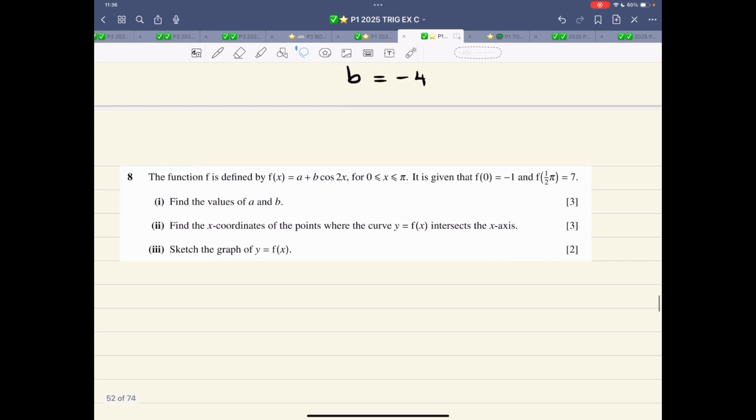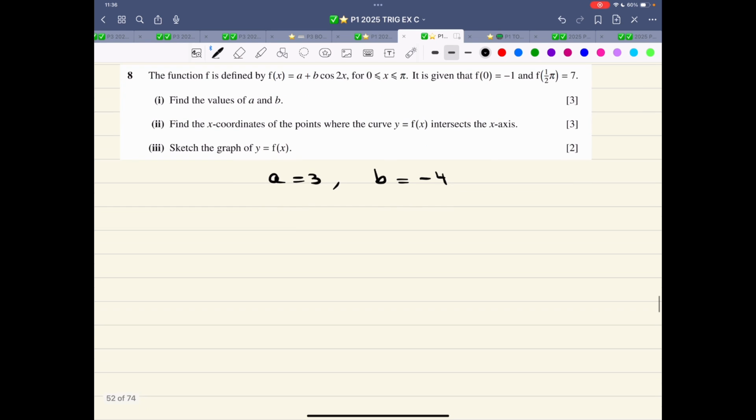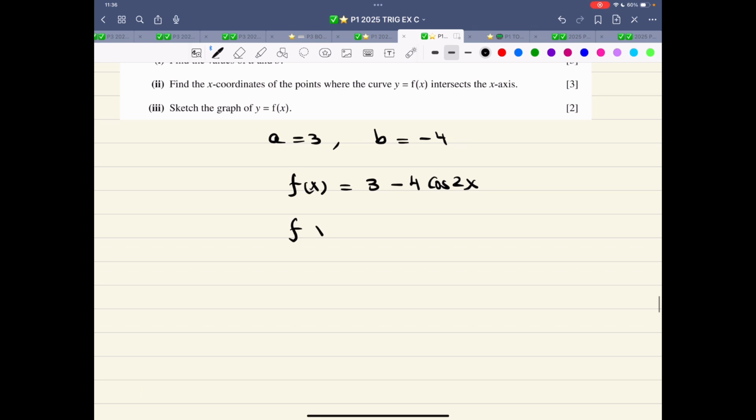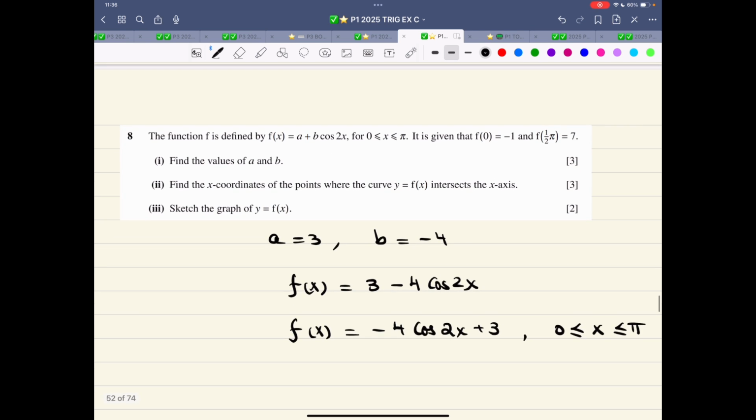So therefore a is 3, b is -4. In other words, your f(x) is 3 plus minus 4 cosine 2x, which can be more conveniently written as -4 cosine 2x plus 3. And this function is between 0 and pi. So now the first thing is done.